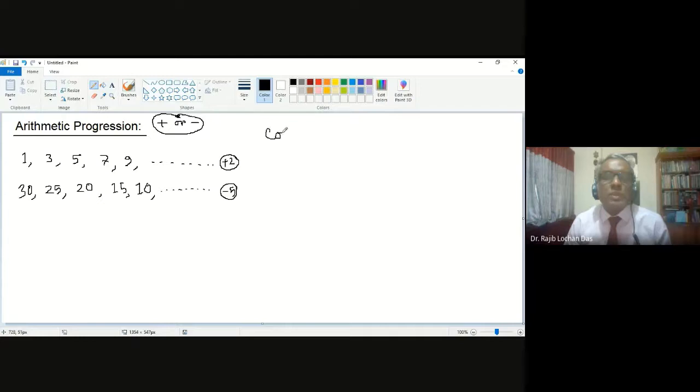So if you have a common difference, that will be arithmetic progression. Common difference is normally written as D, and in the first example D equal to plus 2.